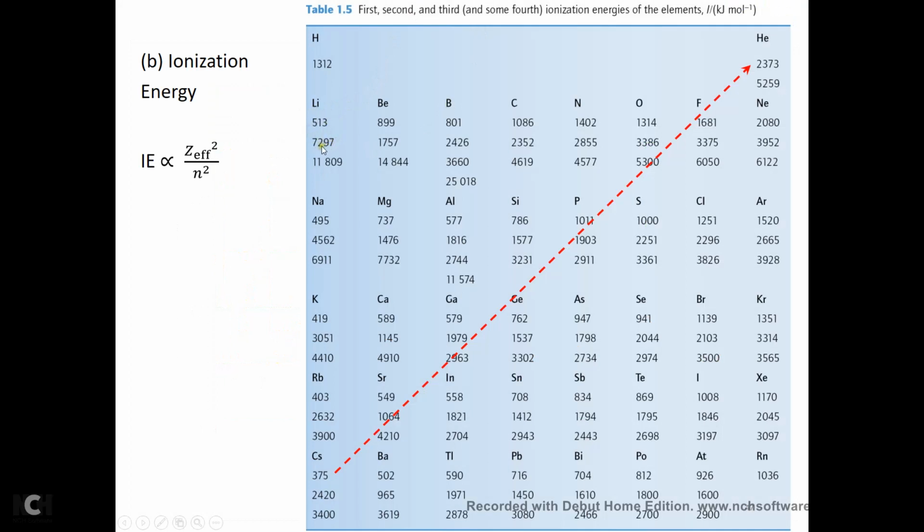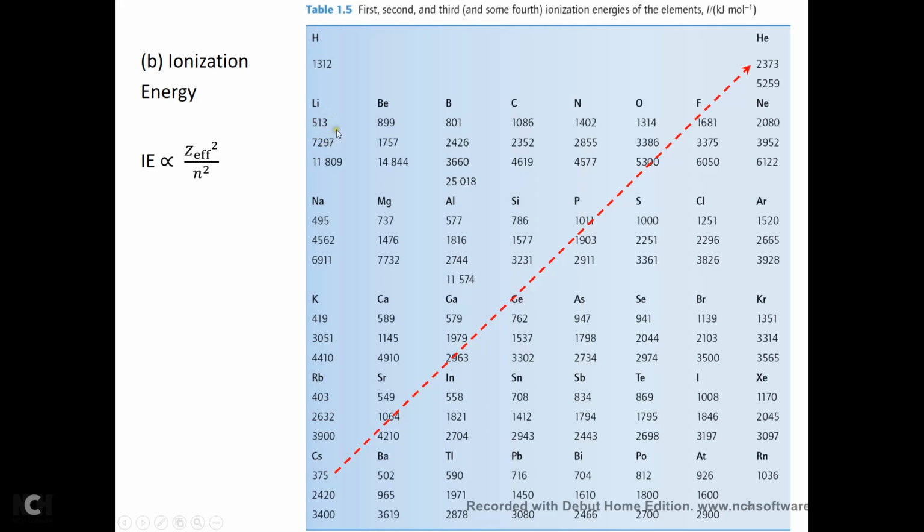This is the second ionization energy. Look at these two numbers. They differ by a factor of 14. That's a huge difference. This is because over here we're removing the 2s electron, but now you're removing the 1s electron. We have n equals 1 here, and n equals 2 there. So that's a big difference.